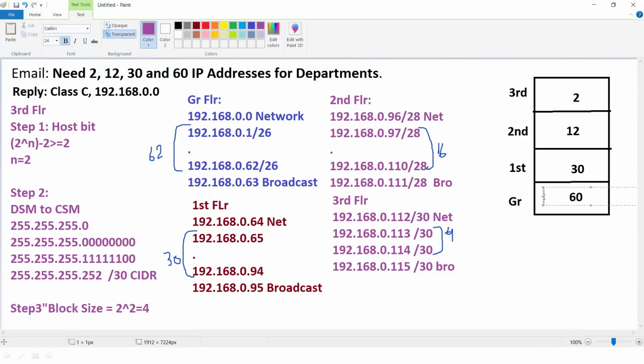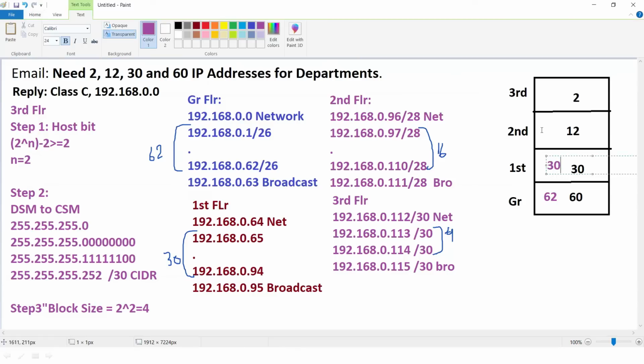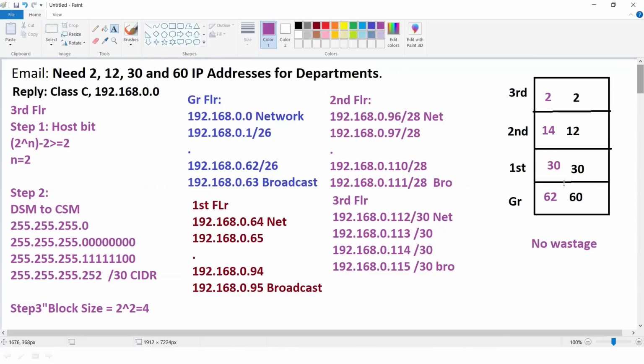So here we have 62 valid IP addresses, 30 valid IP addresses, here 14 IP addresses, and here only 2 IP addresses. So what is the total wastage here? There is no wastage now because we cannot save any further IP addresses. So this method is called variable length subnet mask.